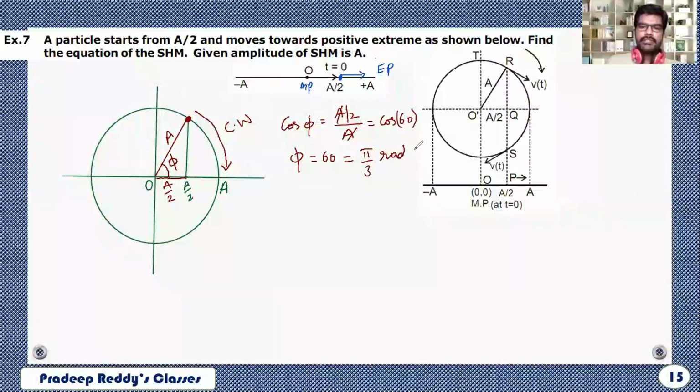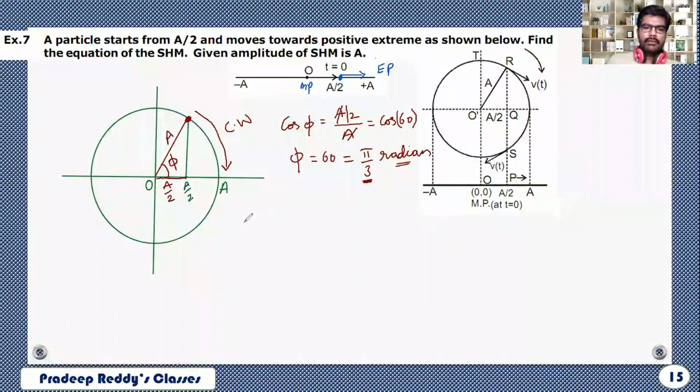So what is the initial phase of the particle? The initial phase of the particle is pi by 3 radian, and the particle can start at any particular point. We are assuming that the particle is not starting from the mean position, but from the a by 2 position. Therefore you need to introduce one phase difference in the equation.